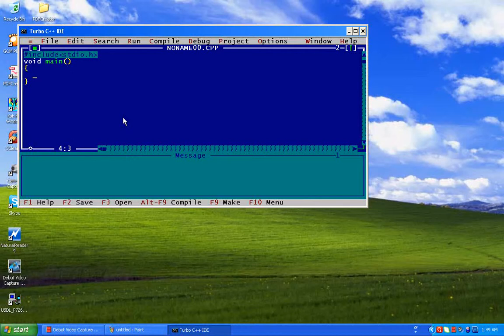R is rate, N is for number of years. To clear the screen, command clrscr. This will clear the screen each time you perform your execution.